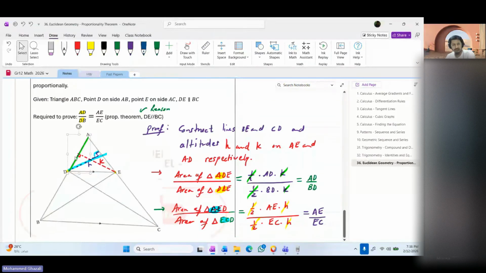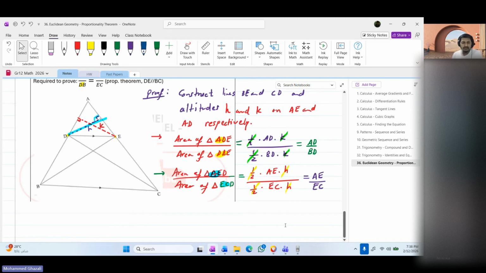So I'm going to take out all these things now. Now focus on this. Let's leave the H and the K. I want you to focus on this line.